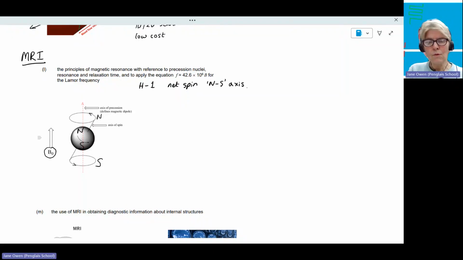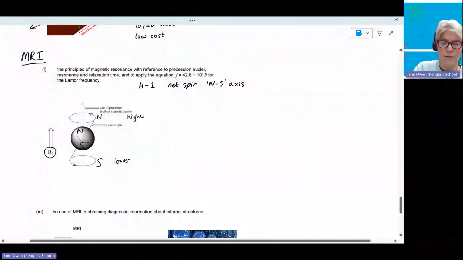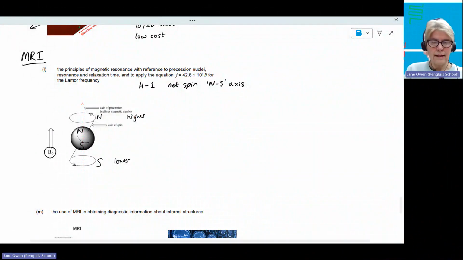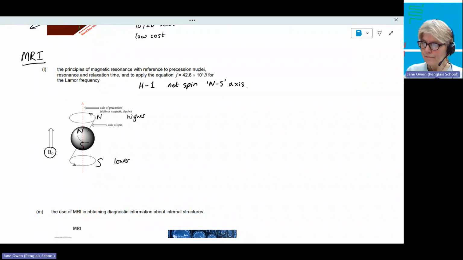And what we can do is we can put a radio frequency pulse into that nuclei, and we can flip the energy state from the lower energy state into a higher energy state. And they're all aligned then at this higher precessing, all aligned at the higher state.